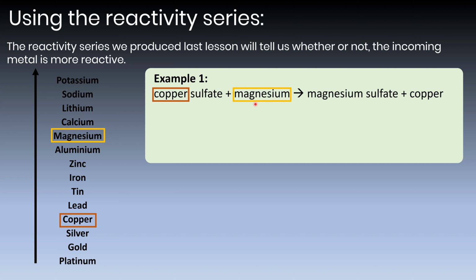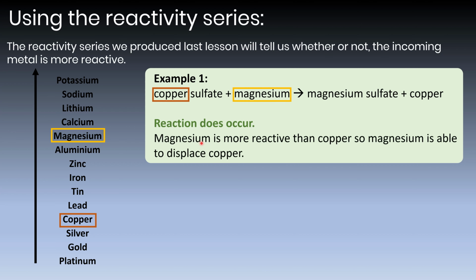We can explain this using this type of sentence here. The reaction does occur because magnesium is more reactive than copper, so magnesium is able to displace copper. So in this example, the copper has been displaced. It's important to say that one metal is more reactive than the other and name both metals in that process.